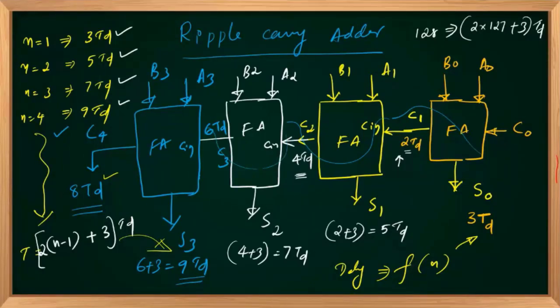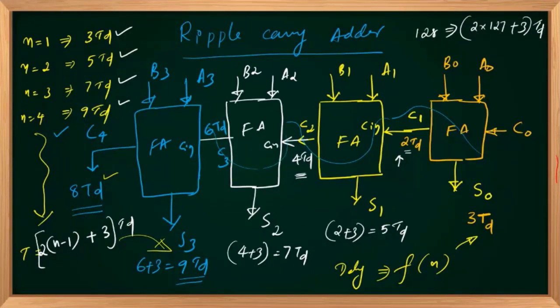So if you are connecting the serial adder or a ripple carry adder along with your processor, and the processor will be treating all its devices synchronously, right? The processor will give the second set of inputs only after a time interval of 2 times n minus 1 plus 3 times gate delay, right? Or the other way, to produce a proper sum, the processor should wait before applying the second set of inputs.